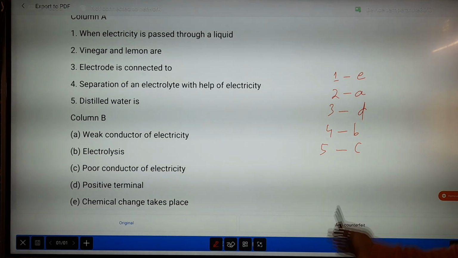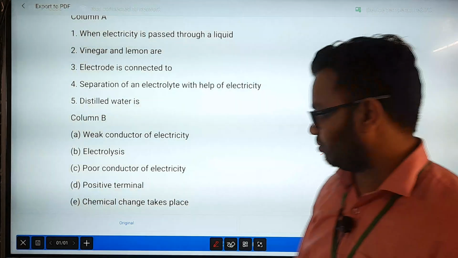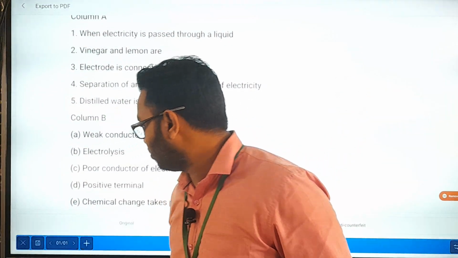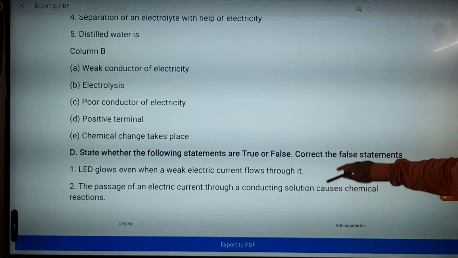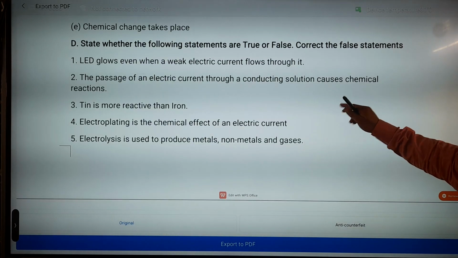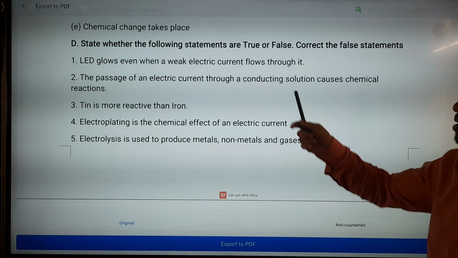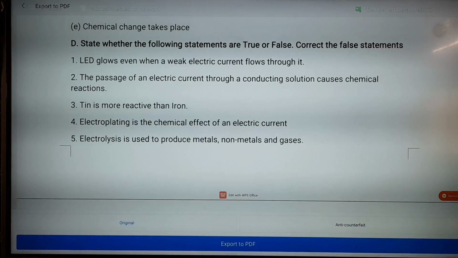Any doubt in this much question answer? No doubt? Okay, tomorrow we will do all. And true false is here. Now let's do it, last. Okay. LED glows even when a weak current flows through it.